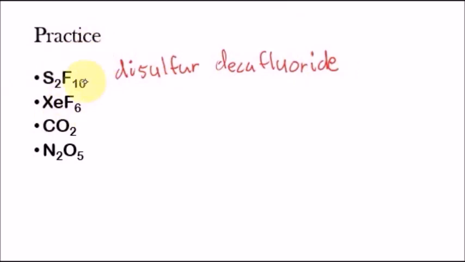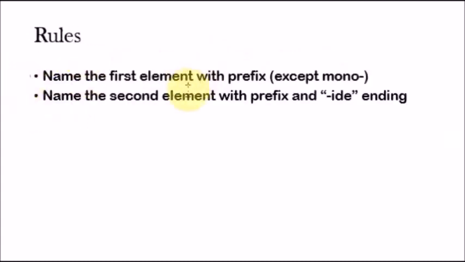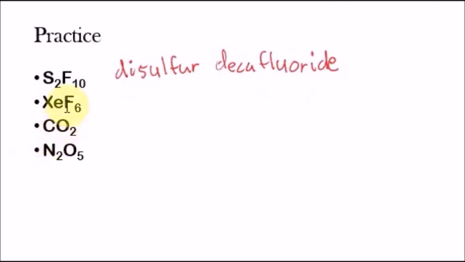Now, let's look at our second example here. We have xenon as our first element, and our rule says that we name the first element with prefix except mono. So we're not going to write monoxenon because there's only one. We're just going to write xenon. And this only applies for the first element within the compound.